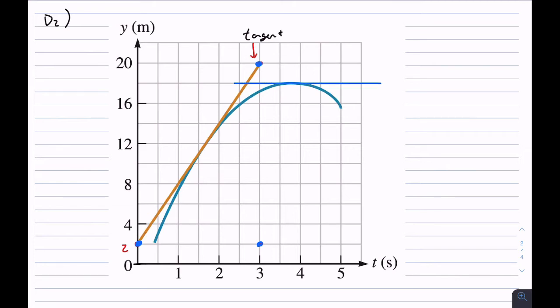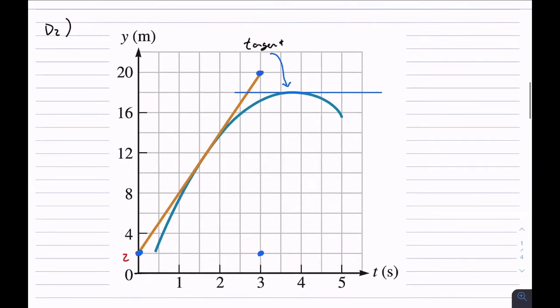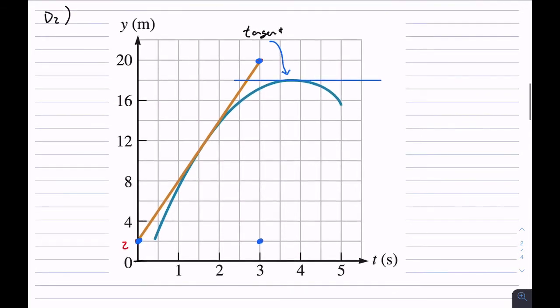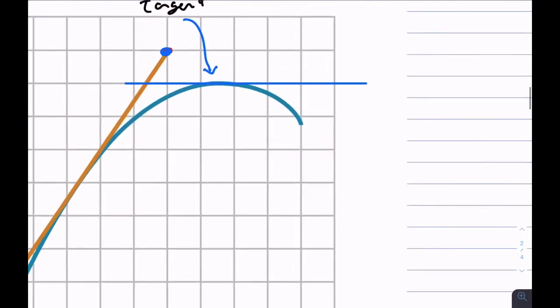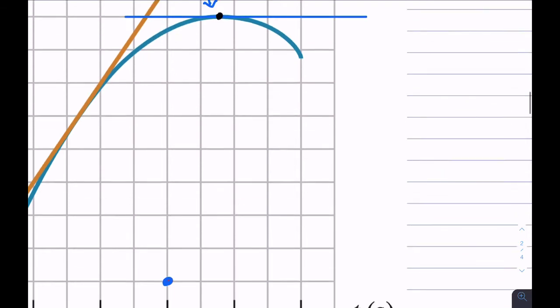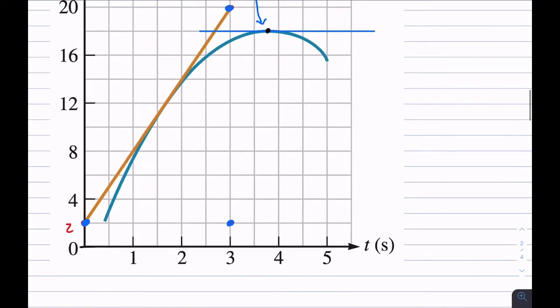So right here, we actually have that. So at what time is this? I would say it's, let's see, I'm going to go ahead and zoom in. I'm going to say 0 is really about right there, which is going to be about 3.75. That's what I would say. You could also say it's at 4.